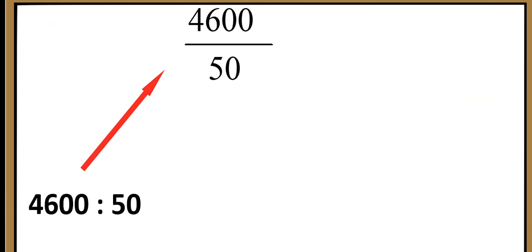4,600 divided by 50, we can write it in a fraction form, that is 4,600 over 50. 4,600 is the numerator and 50 is the denominator.